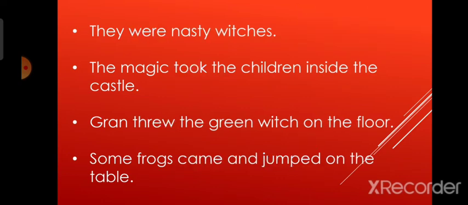Now look at this slide again. You have to find out the adjectives now. The sentences are the same. First, you identified the nouns, then verbs. Now you will find out the adjectives. As you know, adjectives are describing words.